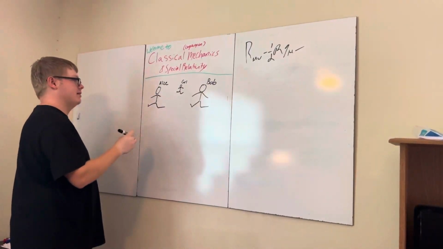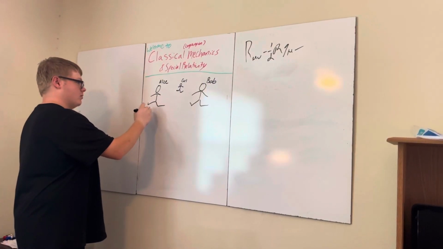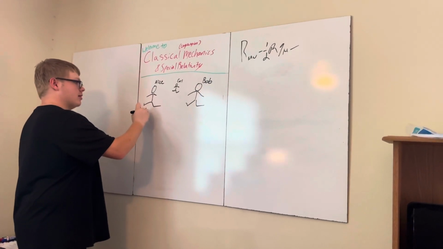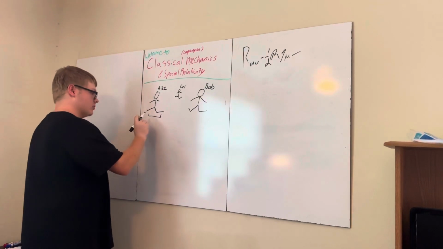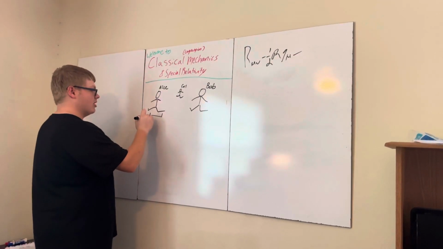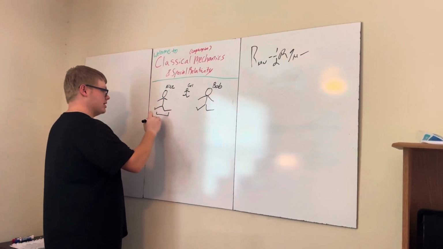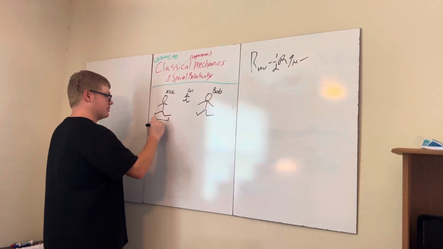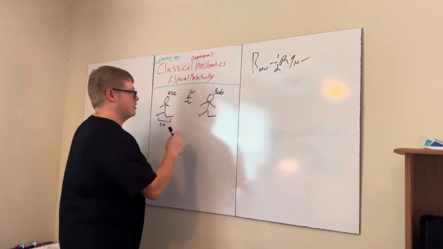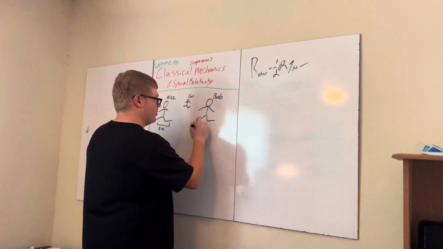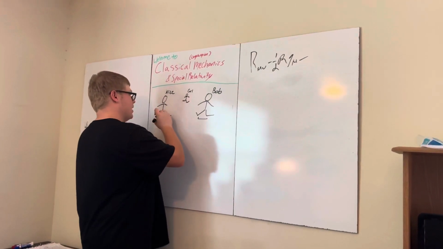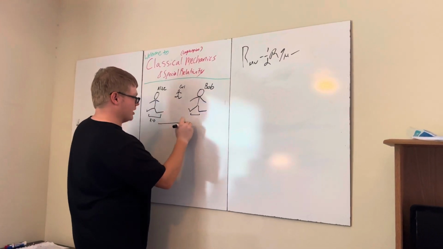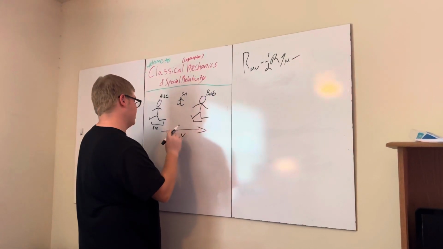Alice is what's called the stationary observer. Alice does not move. Alice stays put here at the origin, which we'll say is x equals 0. And Bob starts moving at t equals 0 at a constant velocity v.